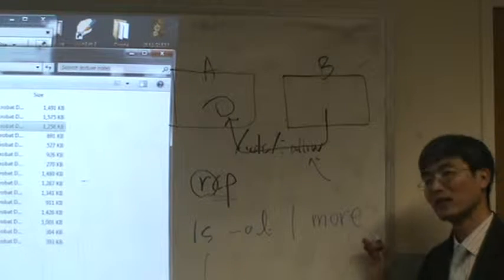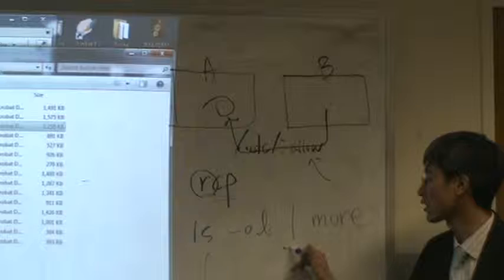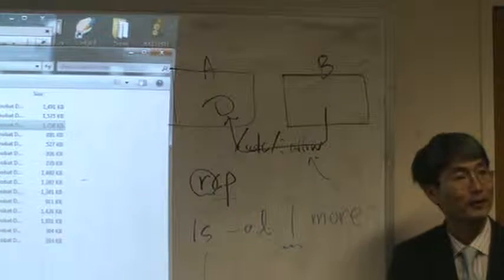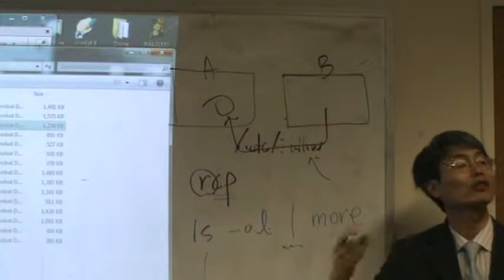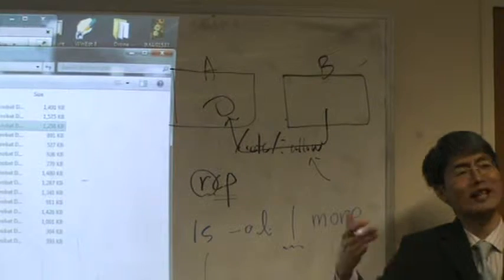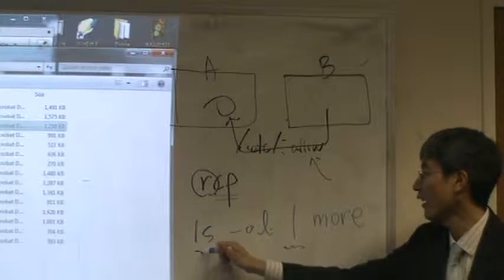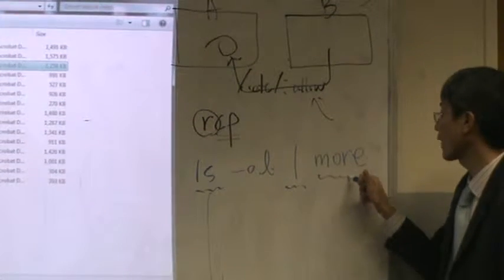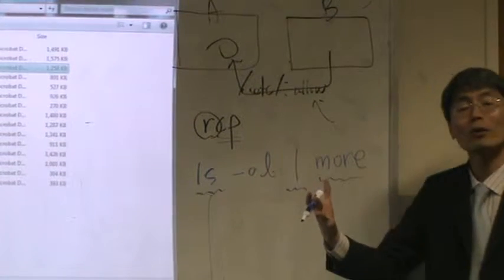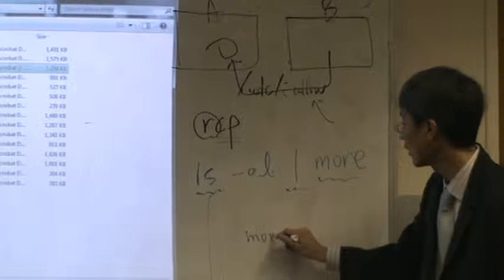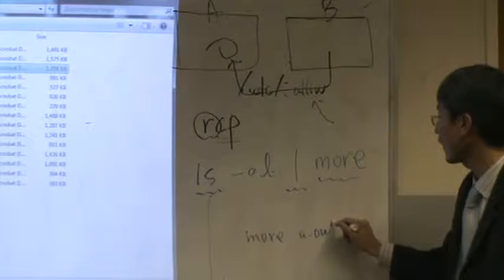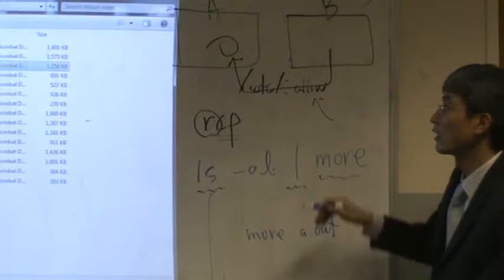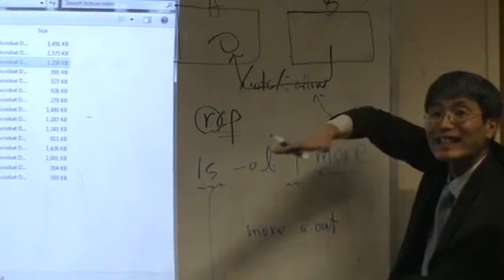the bar and another command, more. This is called a pipe. So actually I ran two commands, two processes. One is the ls application, one command, one process. Another one is the more command. If you type more a.out file, it shows it screen by screen.